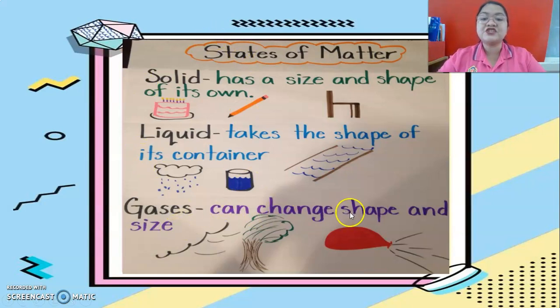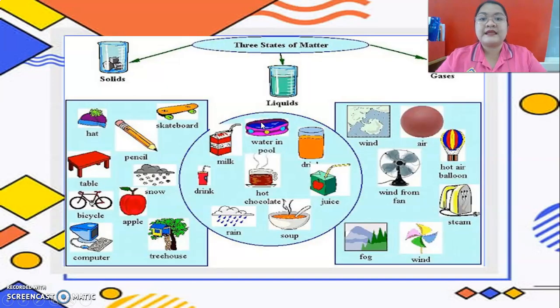Gas can change shape and size. Since gases can move freely, they can easily change their shape and size. So these are the examples of matter. We have solids, liquids, and gases.